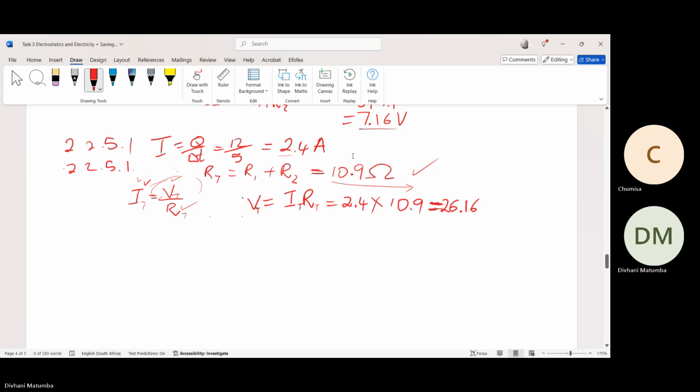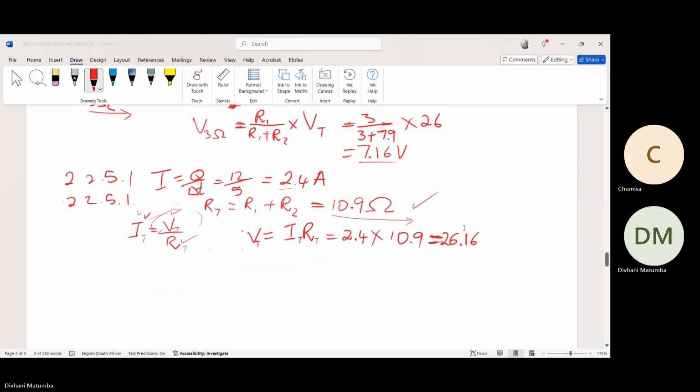So if we have the total voltage, how much voltage do we have across our equivalent resistance, or across our parallel connection?